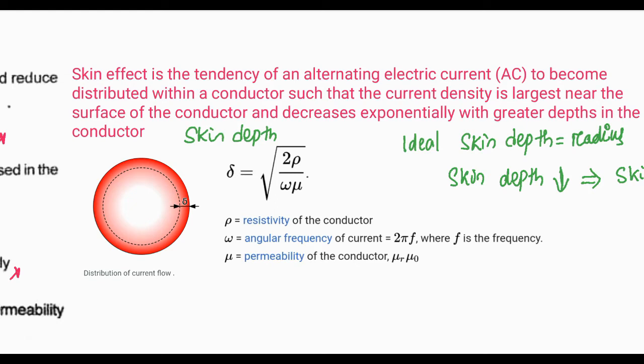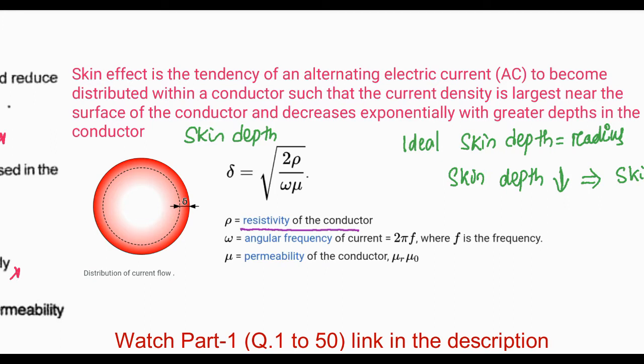So skin depth is given by delta equal to root of 2 rho by omega mu, where rho is the resistivity, omega is the angular frequency which is equal to 2 pi f, and f is the frequency, and mu is the permeability of the conductor which is equal to mu r into mu 0.